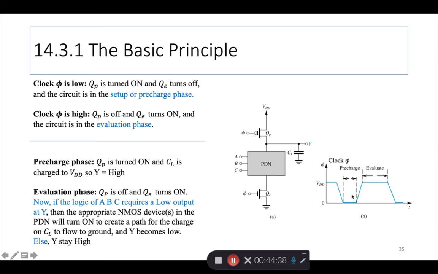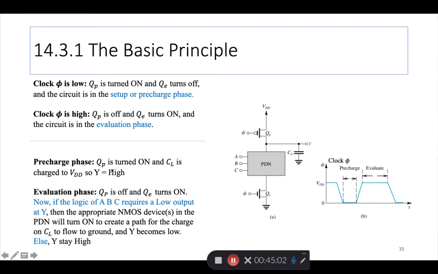So when the clock is low, this is what you're looking at. When the clock is high, QP goes off, but QE turns on, and the circuit is in this phase. Okay, so the clock is important, and it creates two conditions called the pre-charge and the evaluate.